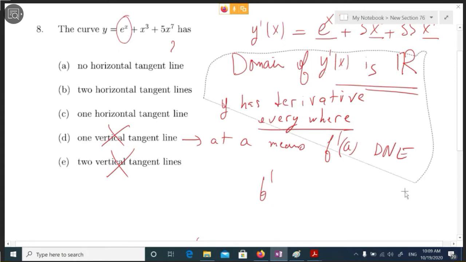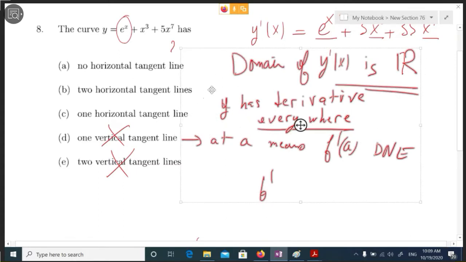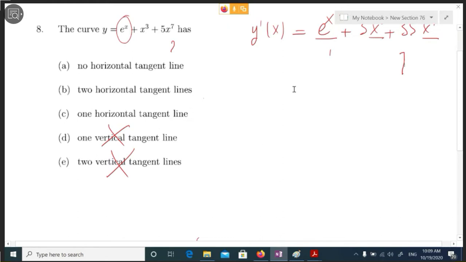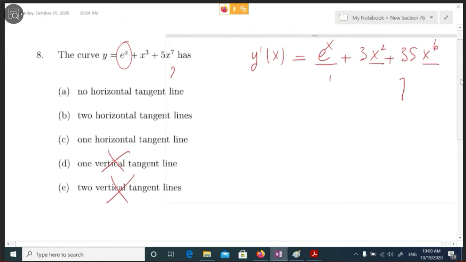Now about horizontal, what do we do? Why do we not have horizontal? Horizontal is easy to see. Look, I will show you. This term here is positive, yes or no? Non-negative, positive or zero, because x to the power 6 is multiplied by a positive number.